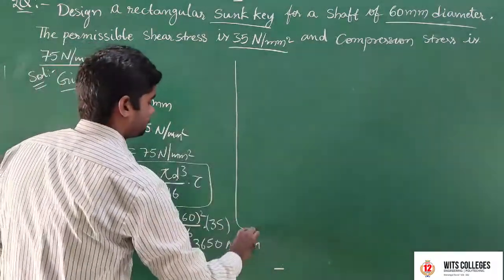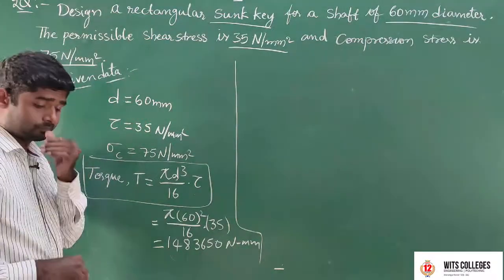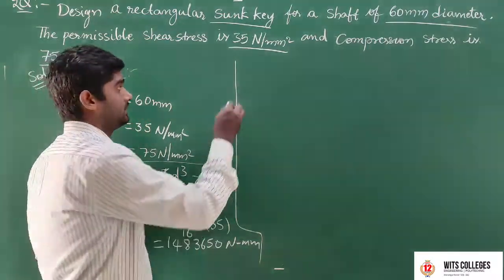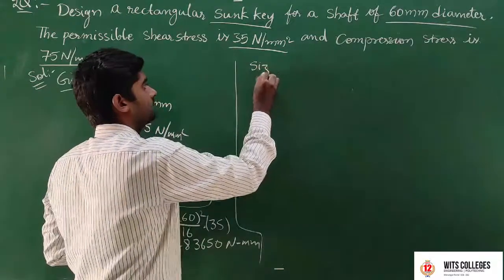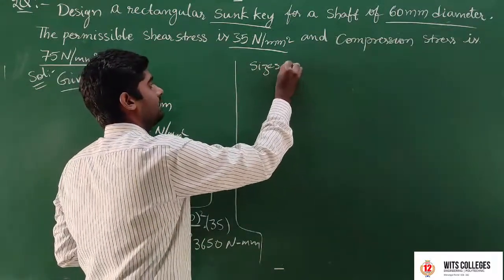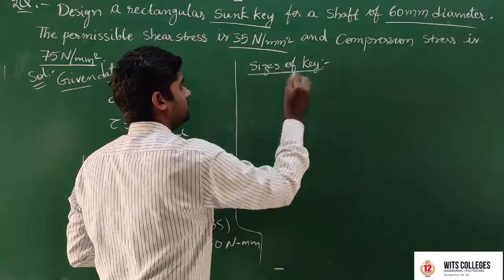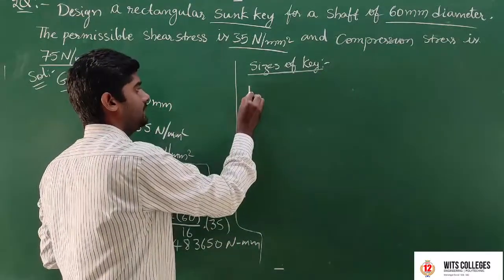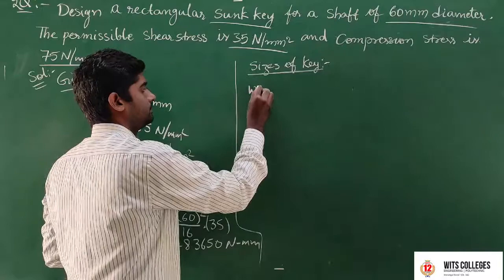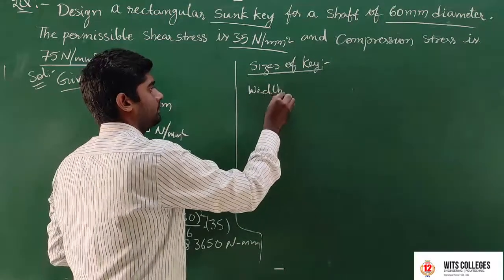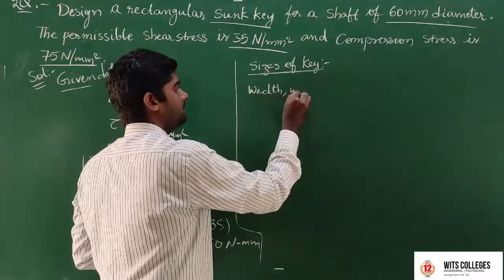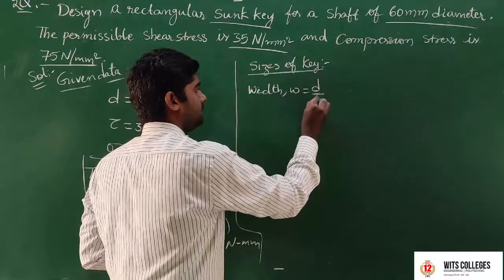Next, find out the sizes of the key. Sizes of key is the heading. In this, first of all find out the width. Width W is equal to D by 4.